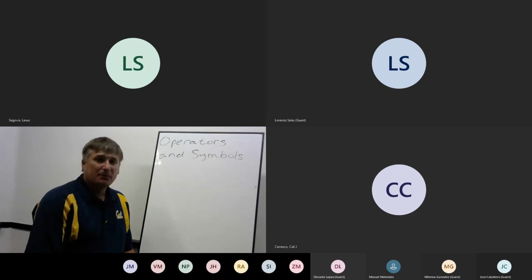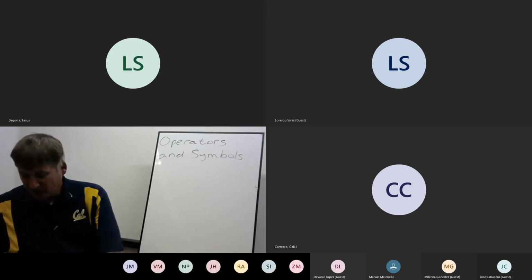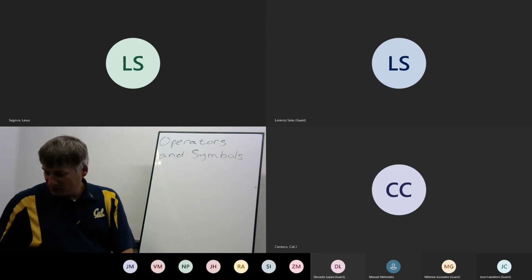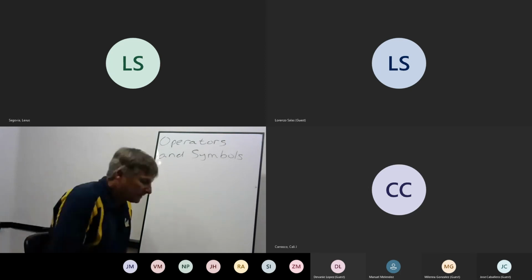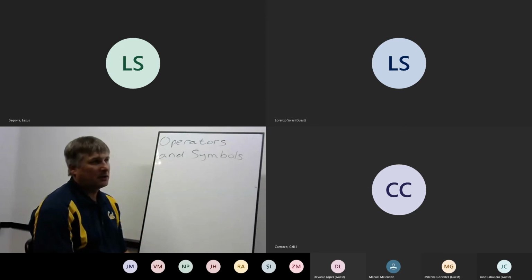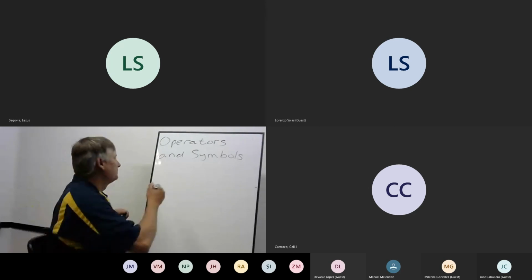So for operators and symbols in algebra, we're familiar with many of these. We've seen these from arithmetic, so they're not all that new. Some things we kind of are. We've seen the inequality signs, like 5 is greater than 3 or 2 is less than 4. There's some other ones.